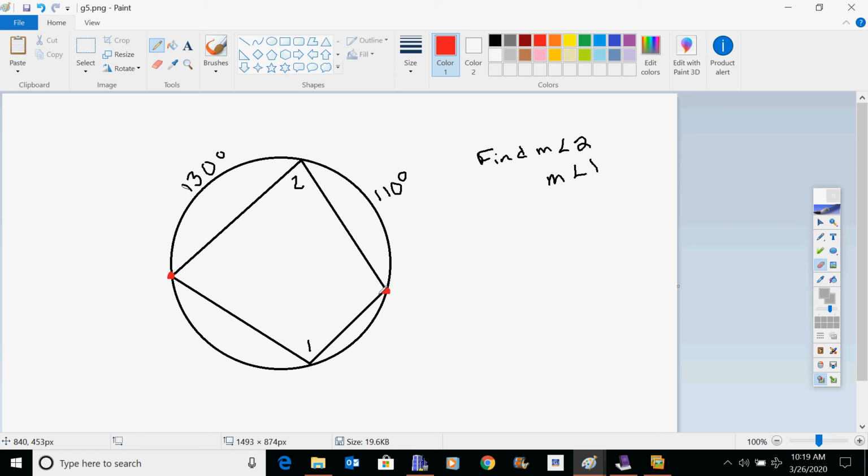And so we would have 130 plus 110 for this whole distance across here. So 130 plus 110 is 240 degrees.